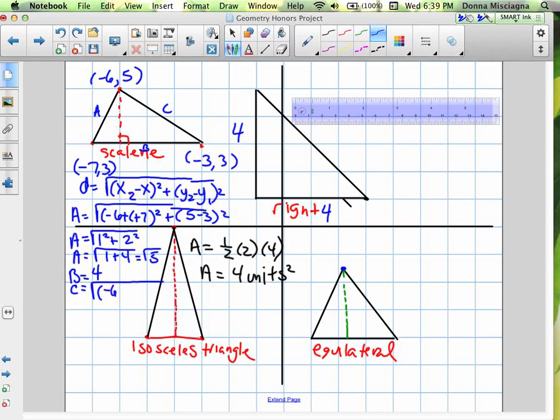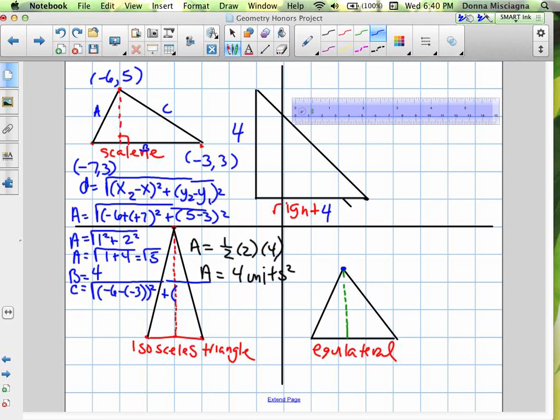Negative 6 minus negative 3 squared plus, yeah, I definitely don't have enough space for all of them. Maybe I'll do the scalene and the right because I'm taking up all the space for the isosceles. Oh, by the way, on the isosceles triangle, since you know the two sides are the same, when you find one, you don't have to use the distance formula again, I guess.